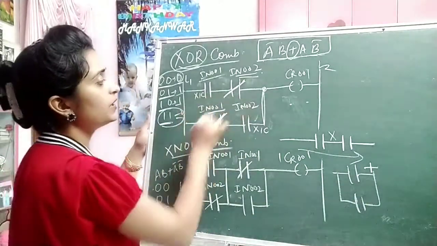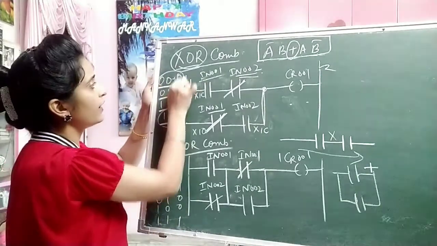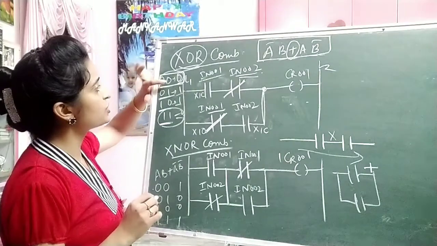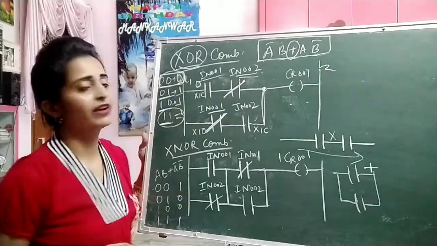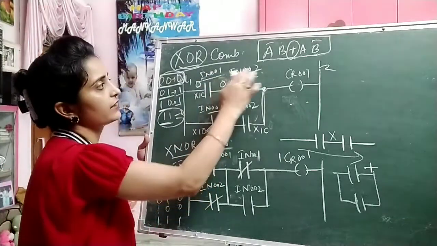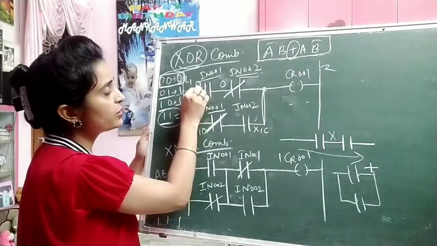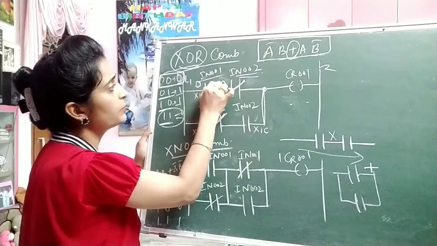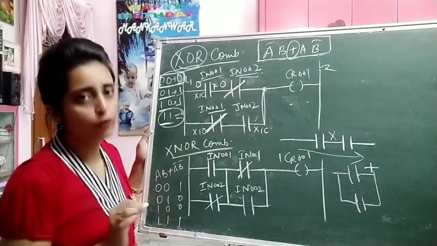So in a similar way we have used it here. Let's have a look. Let us take this example. Say 0 0 is provided, that means 0 is provided at the input of IN001 and 0 is provided at the input of IN002. So in case of XIC, the output will be false.